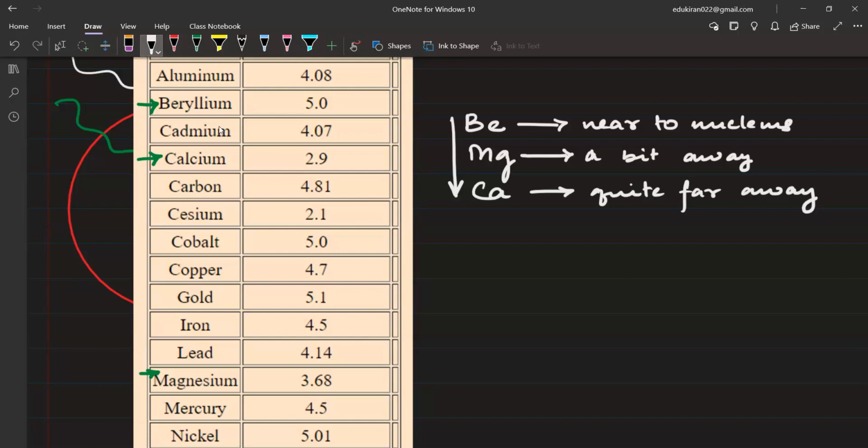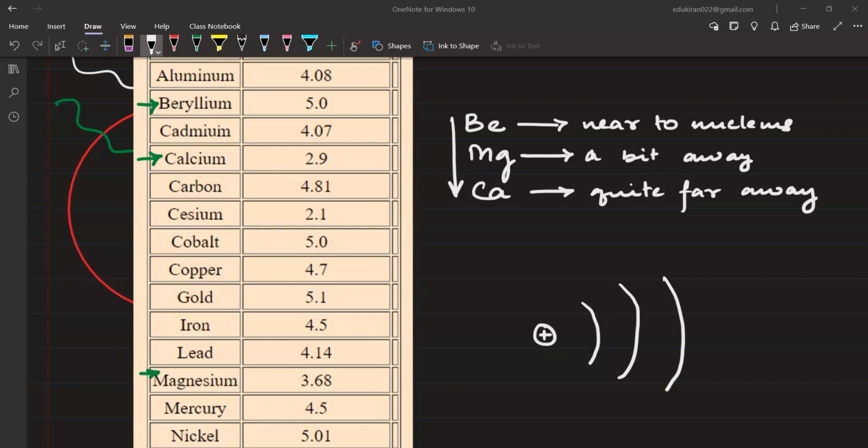And so Bohr said, okay, fine. If each and every electron requires a particular energy to get ejected, that means for beryllium this electron will be here, for magnesium the electron will be here, and for calcium the electron will be here, a bit far away. And no matter where you take the beryllium from, it has the same work function. That means in each and every beryllium atom, the electron is at a particular distance from the nucleus.